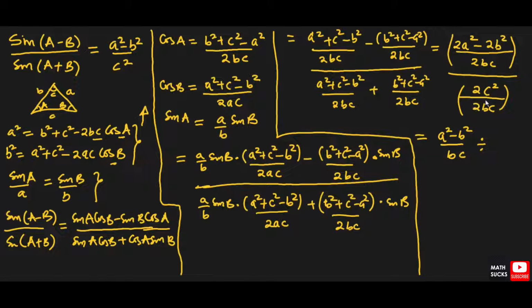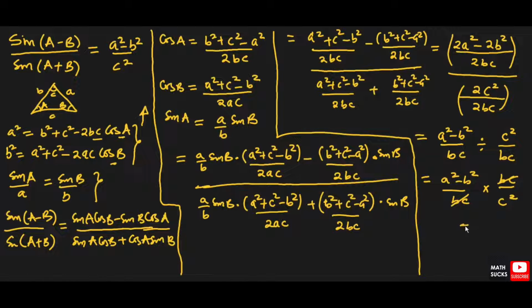Then this is divided by what we have here, where the 2 can go, which is the c squared over bc. And then the idea is to multiply by switching that up and down. So this is going to be a squared minus b squared over bc, then multiplied by bc over c squared.